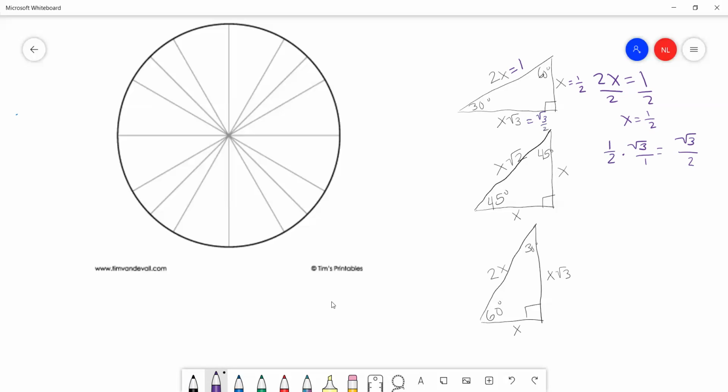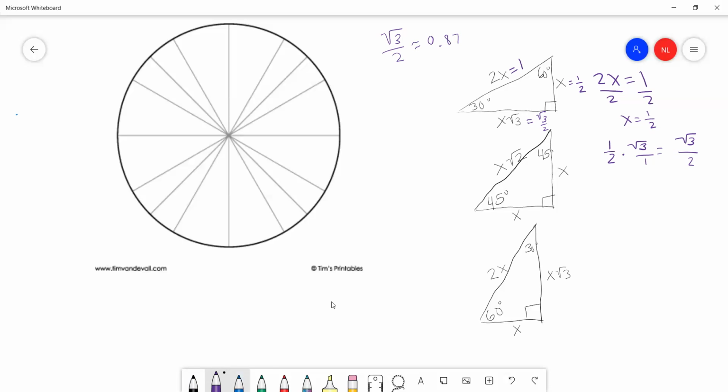And just for reference, if you were to plug rad 3 over 2 into your calculator, you would get about 0.87. So for reference, here's about 0.5. This one's a little bit bigger at 0.87, and that one's the biggest at 1.0.